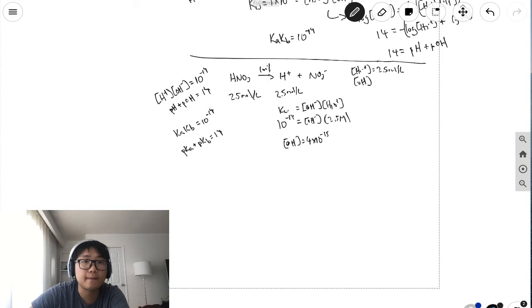Alright, so let's do this problem. Propanoic acid is a weak monoprotic acid. Monoprotic is just a fancy way of saying mono means one, protic means the proton that it can dissociate. So monoprotic just means there's only one proton that can be detached. That's different from something that's polyprotic, maybe something like H2SO4.